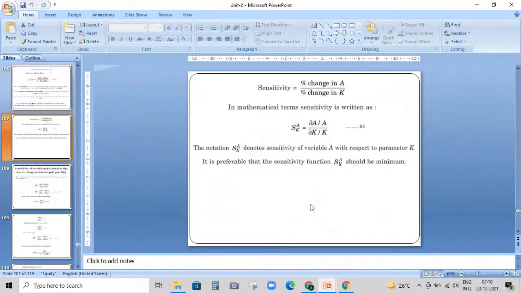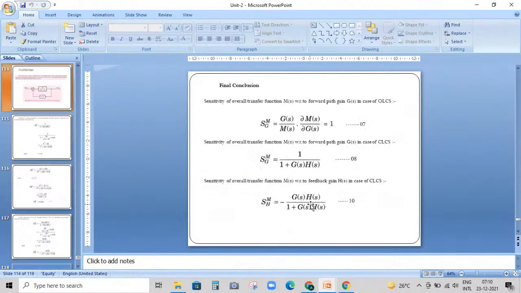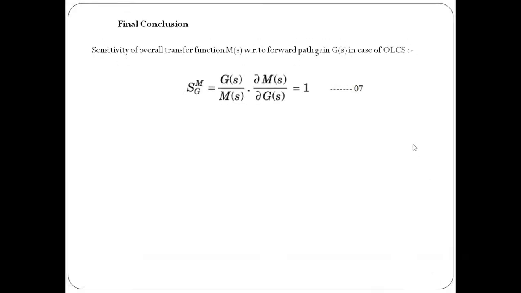And then we discussed in detail how to find out sensitivity in case of open loop control system and closed loop control system, and finally we concluded that in case of open loop control system, the sensitivity of overall transfer function, indicated by symbol m of s, with respect to forward path gain, that is nothing but g of s, is indicated by symbol S of m with respect to g, which is nothing but g of s upon m of s into dou m of s by dou g of s, and this is going to be 1.